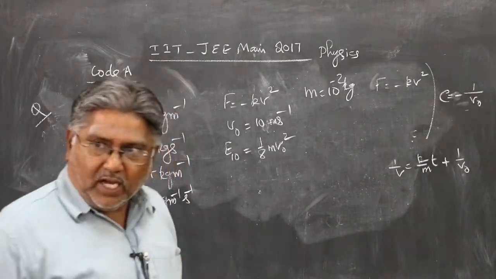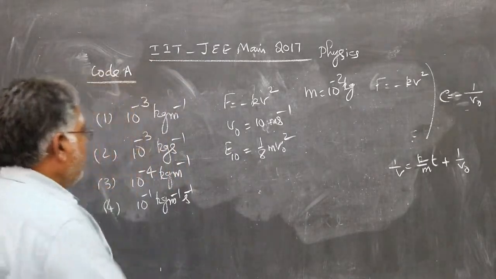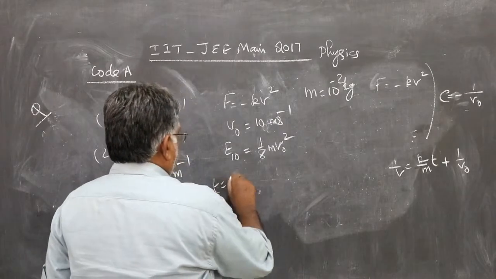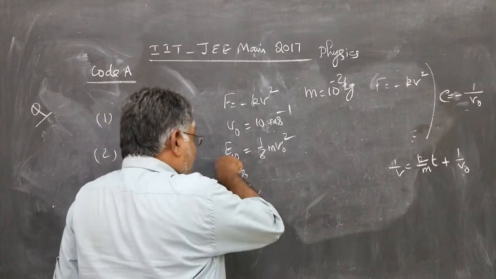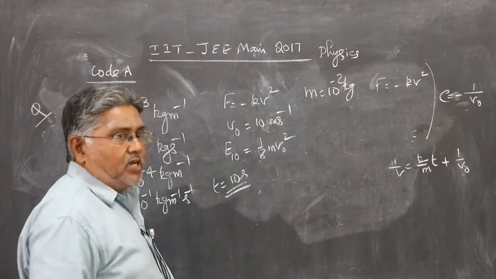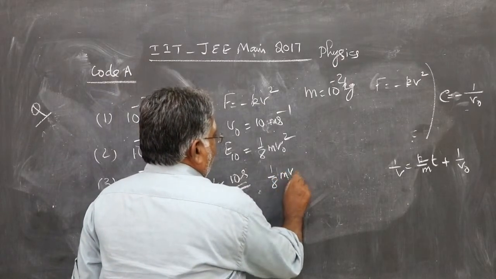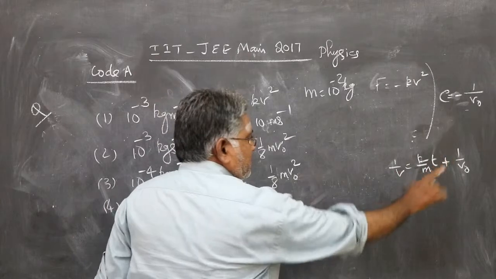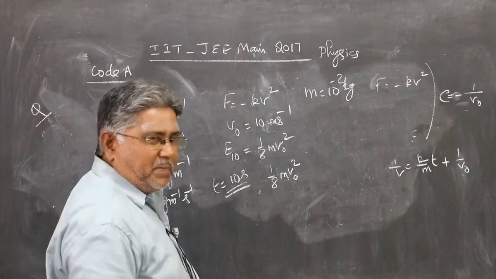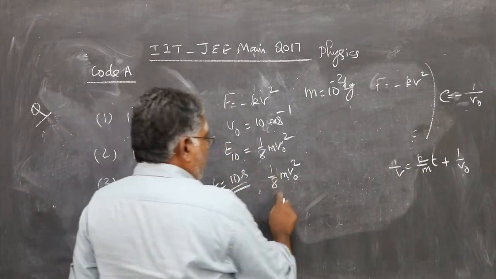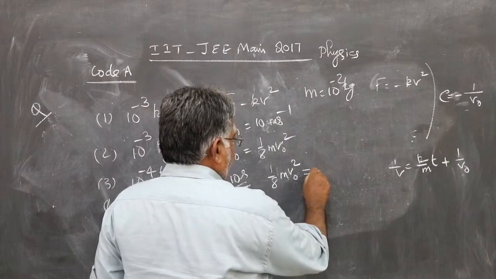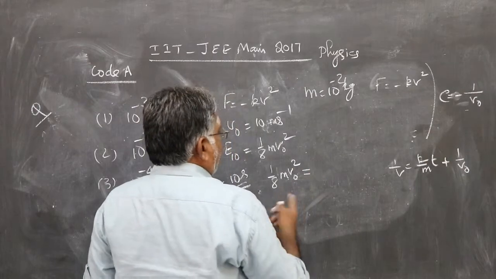To this effect, data is given. What is that? When time t is 10 seconds, kinetic energy is 1 by 8 mV0 squared. So in that case, 1 by 8 mV0 squared, because in this expression only velocity is there, no energy. So find out 1 by 8 mV0 square at time t equal to 10 seconds.